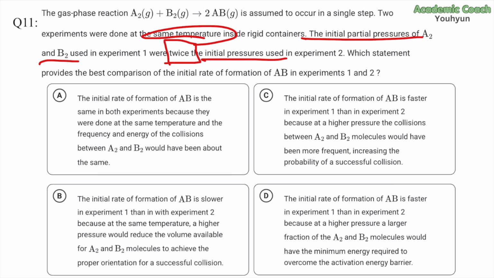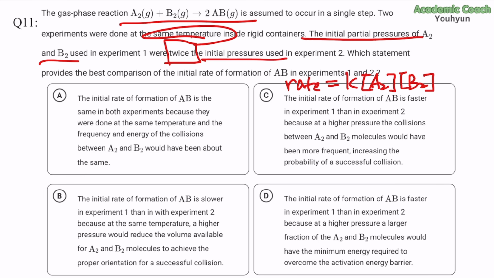Okay, so we are going to assume that this occurs in a single step, which means there is one elementary step. And for the only elementary step, its rate law would follow the molecularity of that step. So it will be k times concentration of A2 times concentration of B2. In experiment 1, the partial pressures of A2 and B2 were twice those in experiment 2.